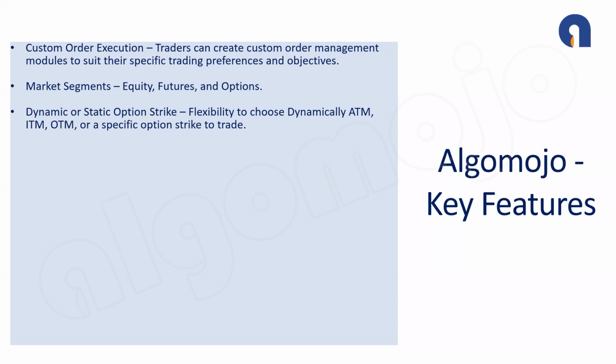And based on the spot price, the strikes would be selected whenever the signals are generated and sent across to our platform for order placement. And we will look at whether you're wanting to trade in ATM, ITM, or OTM. Based on that, we will place the orders for you. Now, how to use those things, we will look at it when we get into the actual platform usage. We will do that shortly.